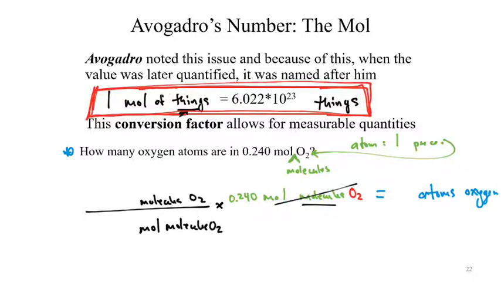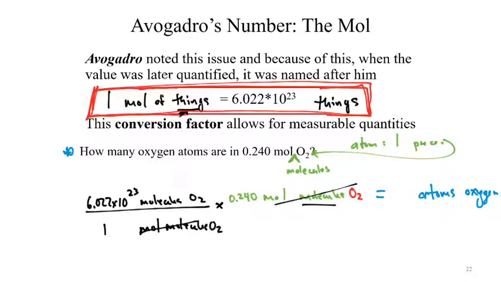Now if I put the numbers in, 6.022 times 10 to the 23rd, the units will cancel here. Moles of molecules of O2 cancel with moles of molecules of O2, but now I have molecules of O2. Are molecules of O2 the same thing as atoms of oxygen?